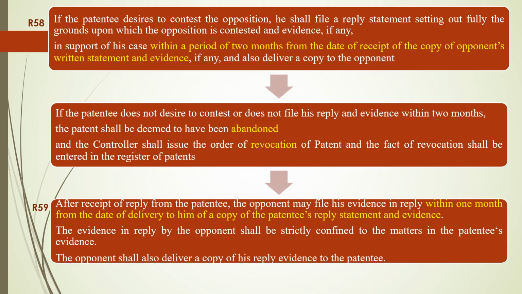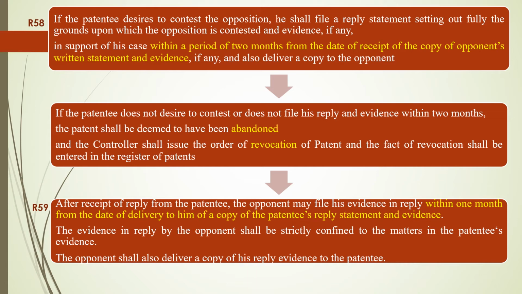Rule 58 says, if the patentee desires to contest the opposition, he may file a reply statement setting out fully the grounds upon which opposition is contested and also the evidence, if there is any, in support of his case within a period of 2 months from the date of receipt of the copy of the opponent's written statement and evidence. He will deliver a copy to the opponent.